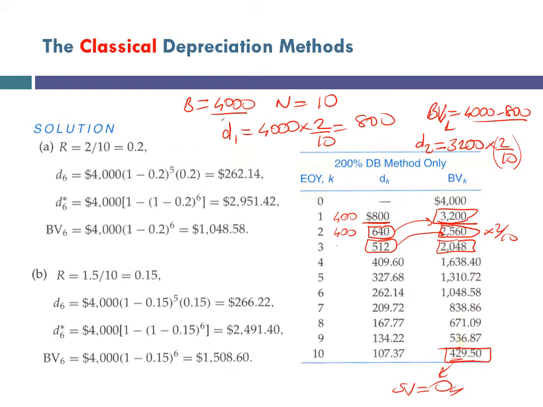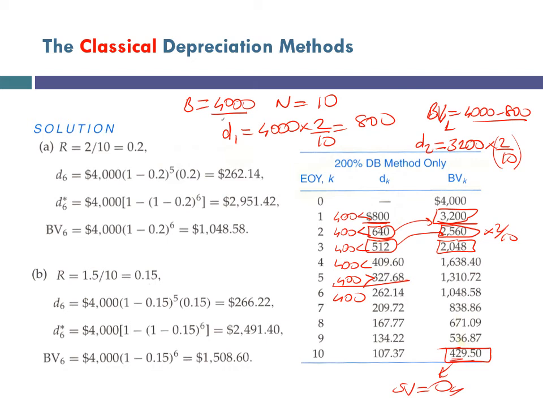It was all 400, right? We calculated this in our previous example. Initially, this 400 is less than the depreciation of the declining balance. But as you can see, after some point, the depreciation of the straight line method is more than the declining balance method.